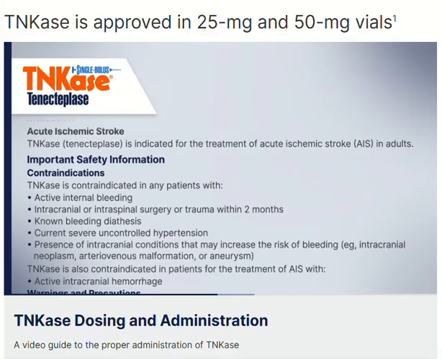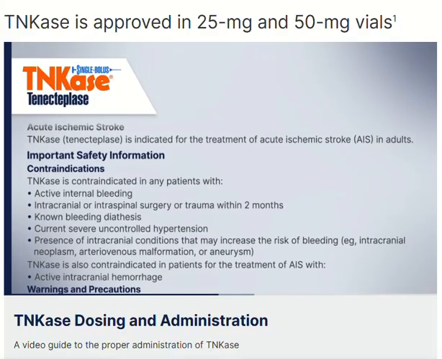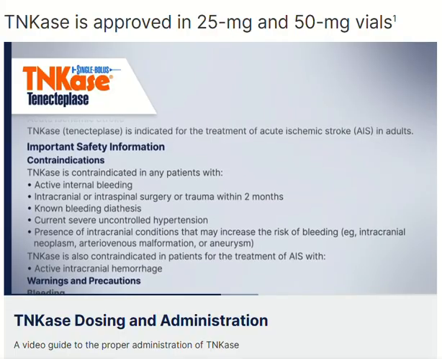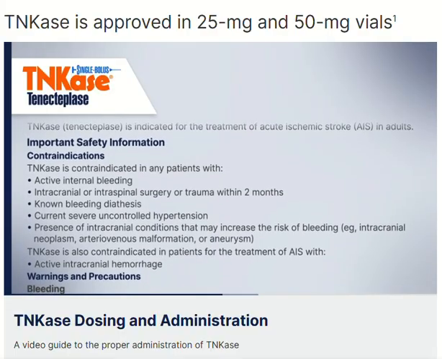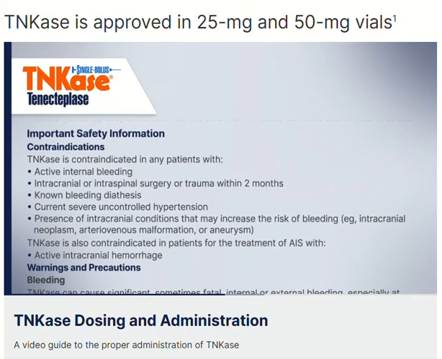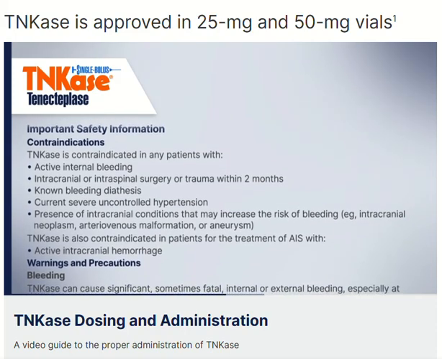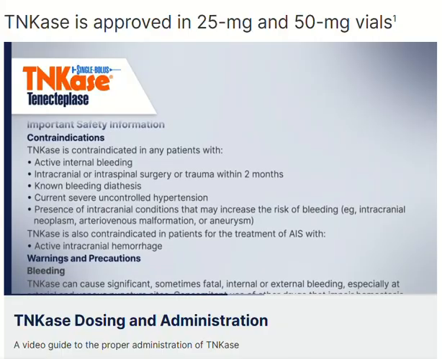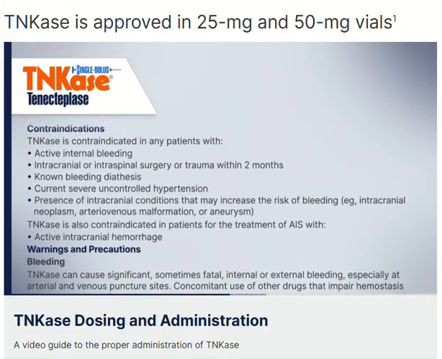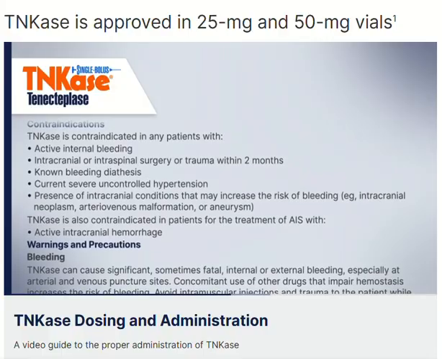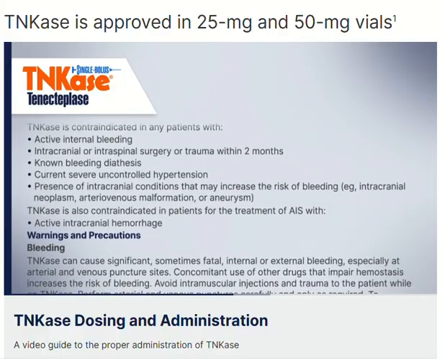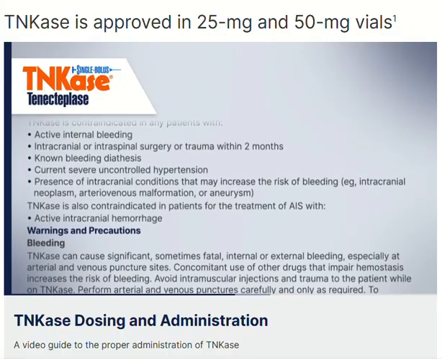TNKase is contraindicated in any patients with active internal bleeding, intracranial or intraspinal surgery or trauma within 2 months, known bleeding diathesis, current severe uncontrolled hypertension, and presence of intracranial conditions that may increase the risk of bleeding, for example, intracranial neoplasm, arteriovenous malformation, or aneurysm. TNKase is also contraindicated in patients for the treatment of AIS with active intracranial hemorrhage.